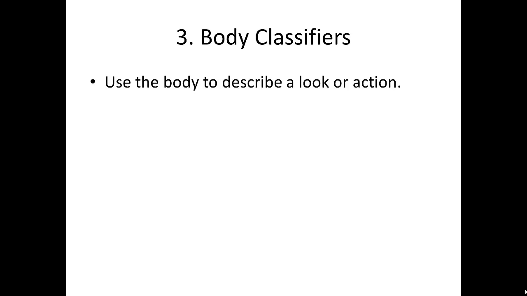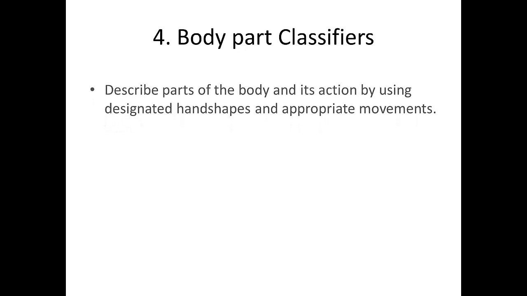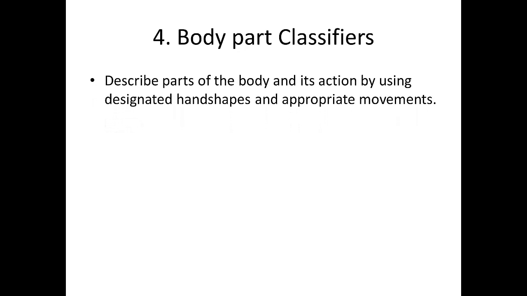The third category is body classifiers, where the body is actually used to describe a look or an action. Body part classifiers are used to describe parts of the body and their action by using hand shapes and appropriate movements. This is generally done representing the lower part of the body.